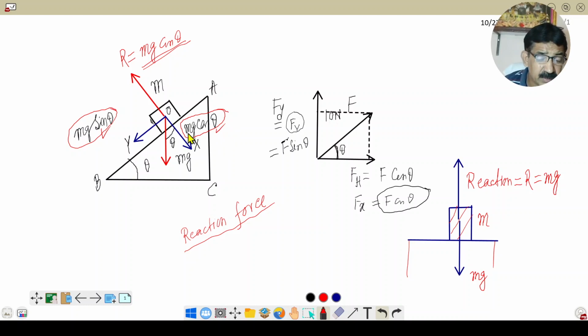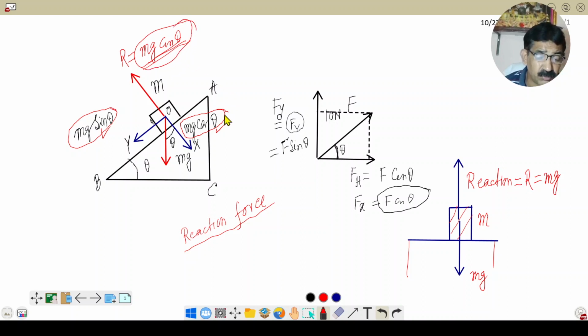Now, this surface AB provides the reaction force, and the reaction force is equal to mg cos theta. As this mg cos theta and that mg cos theta are two forces acting in opposite directions to each other, these two forces will cancel each other.